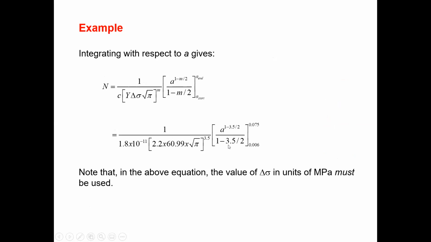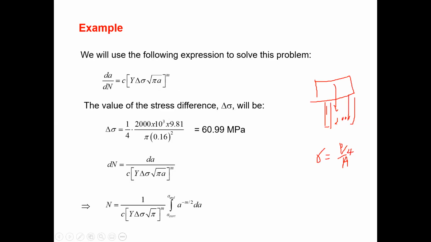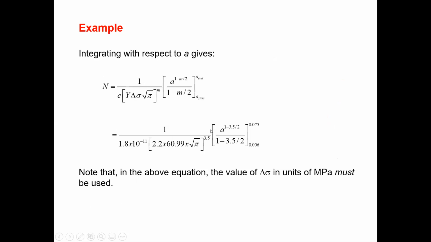Keep in mind, you need to substitute the stress range in megapascal in this equation. That is the most important thing to keep in mind. You already found it in megapascal, so you can substitute in megapascal. You don't want to substitute 10 to the power 6 in here.